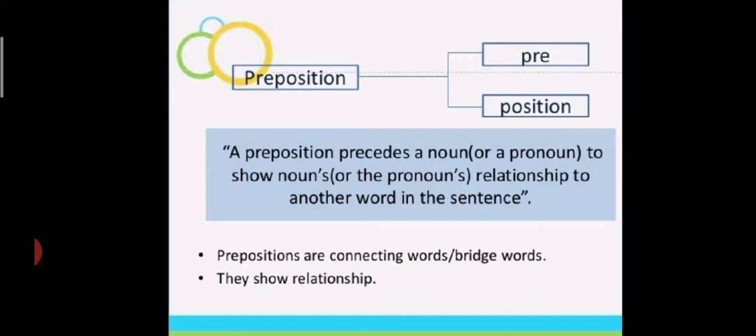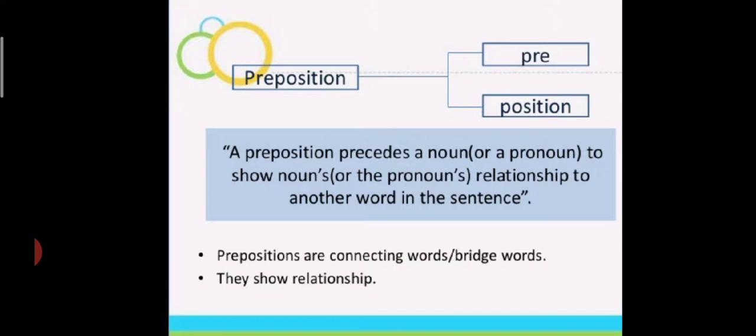So now what will be the definition of preposition? You can see here, preposition is pre plus position. Pre means before and position means place.